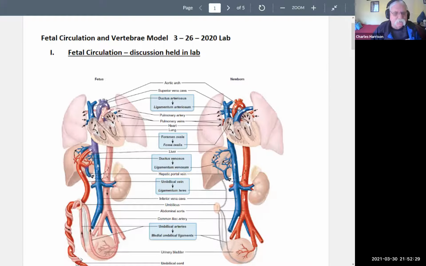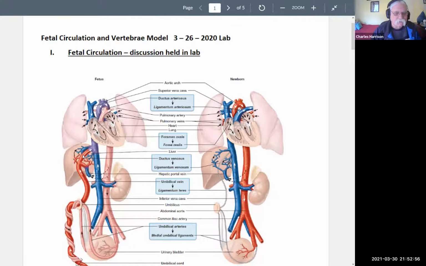At birth, the ligamentum arteriosum is formed. The ligamentum arteriosum is the decay product of the ductus arteriosus. So here's the ductus arteriosus. Right up here, it collapses. And now the blood loses that shortcut.